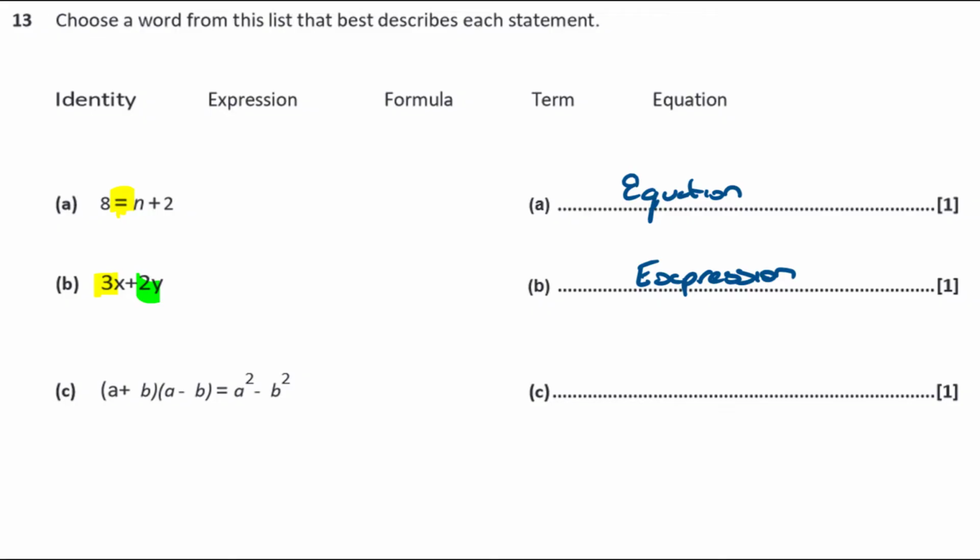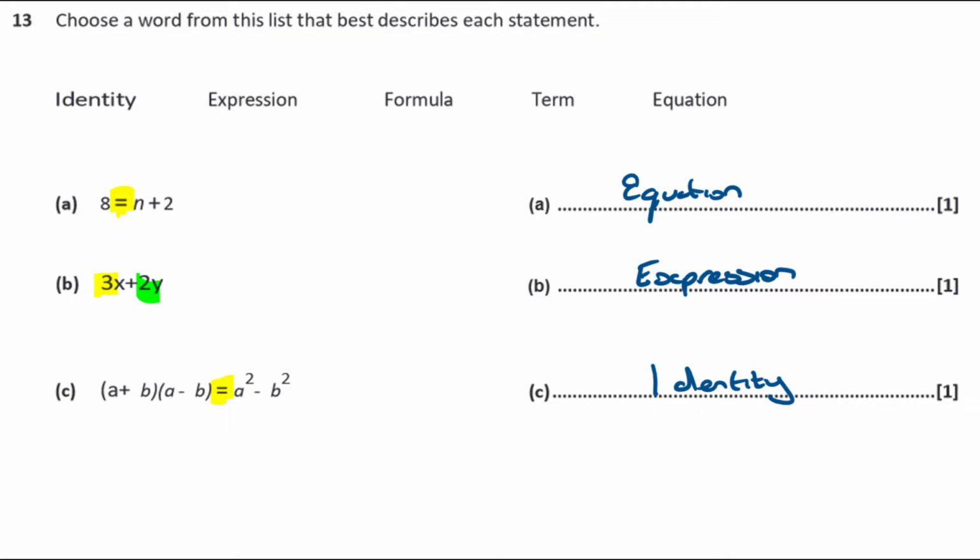Right, now just a slight caveat. This one here at the end also has an equal sign. You might be thinking it might be an equation, but it isn't. This is an example of an identity. The reason why it's an identity and not an equation is that equations are only true for some values.